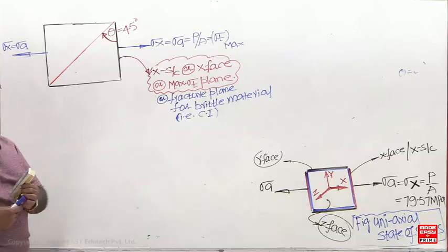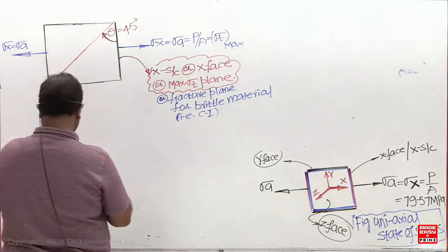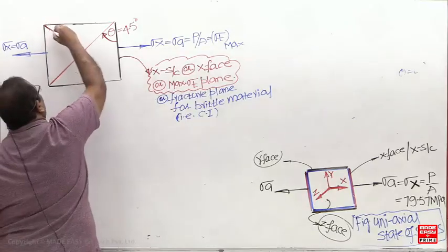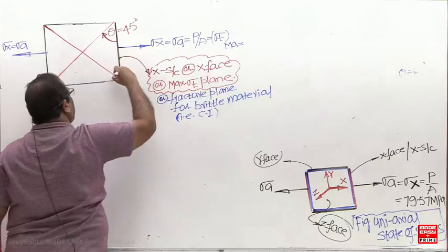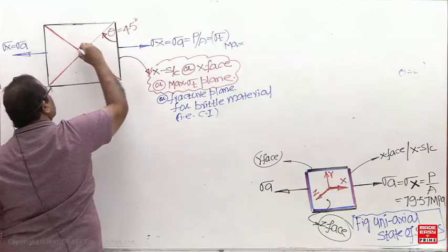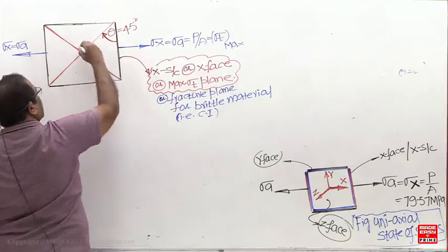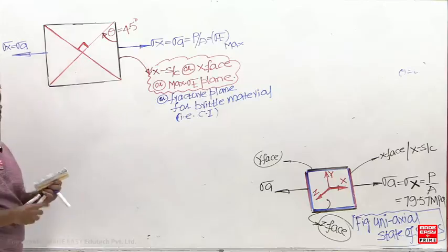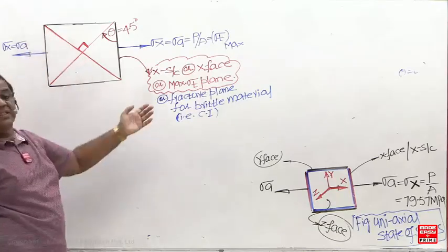Next, shear stress is also maximum at what angle? 135 degrees. They are at 90 degrees, it is a square. Now for this plane, what is the theta value?